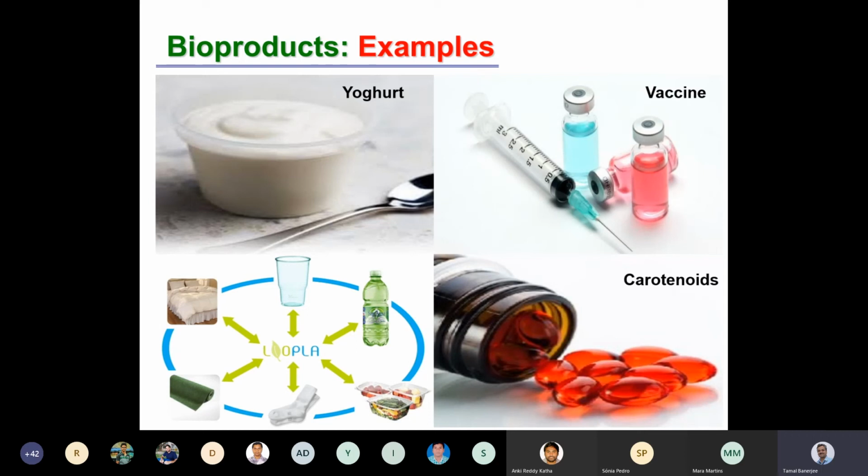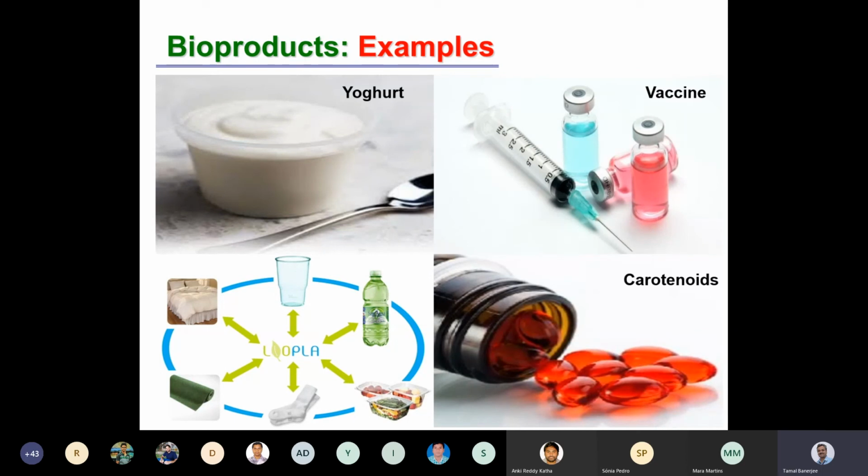And other products can be obtained by synthetic methods and from renewable materials, like PLA, biomaterials using polylactic acid, that can be obtained from petroleum resources and from renewable materials.